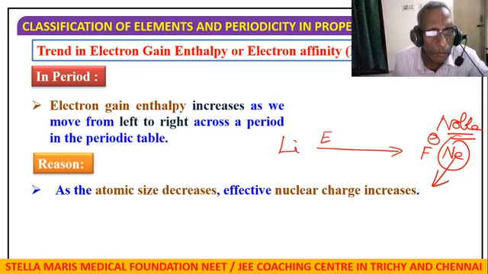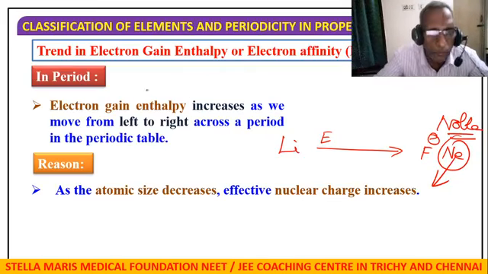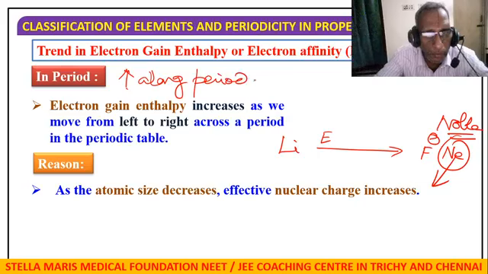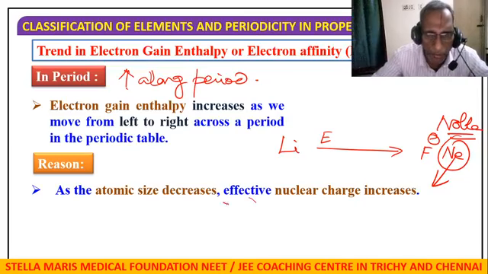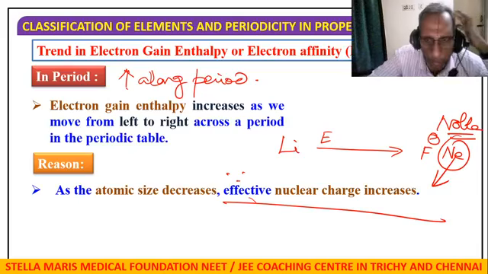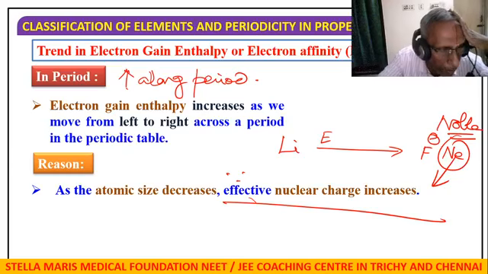So electron gain enthalpy increases along the period, because the effective nuclear charge increases along the period.